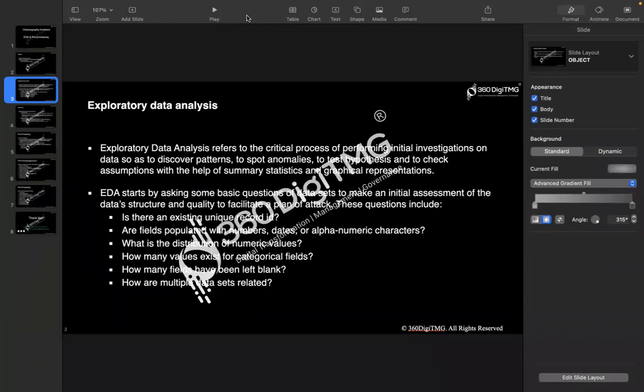Is there any unique record in it? Are fields populated with numbers, data or alphanumeric characters? What is the distribution of numeric values? How many values exist for categorical fields? How many fields have been left blank? And how many multiple data sets are related?